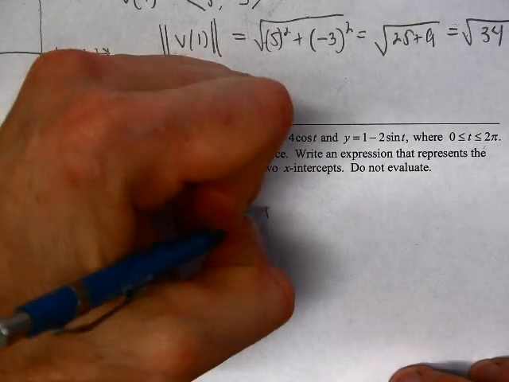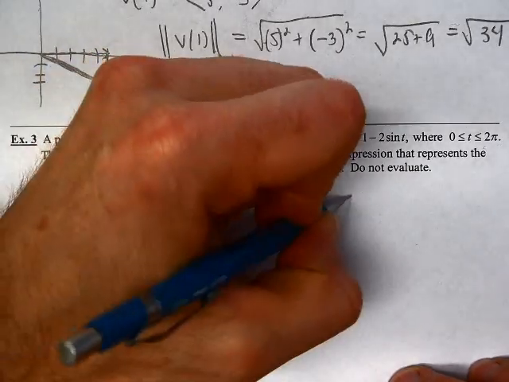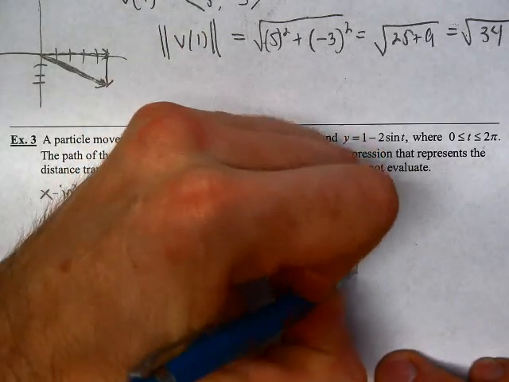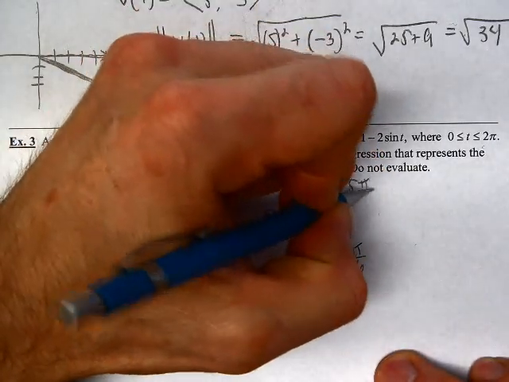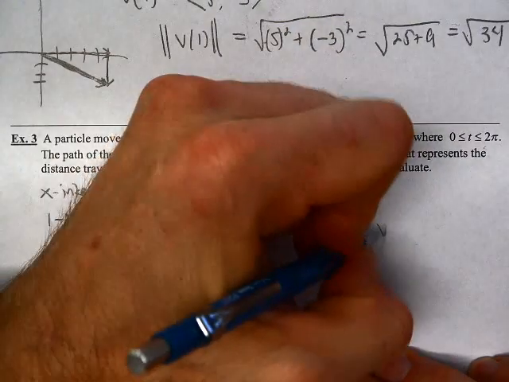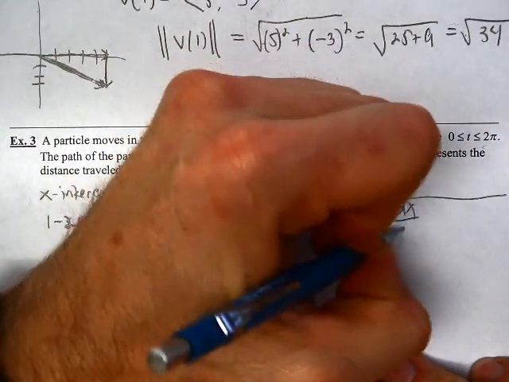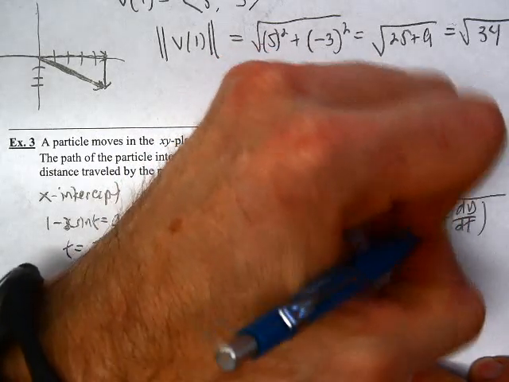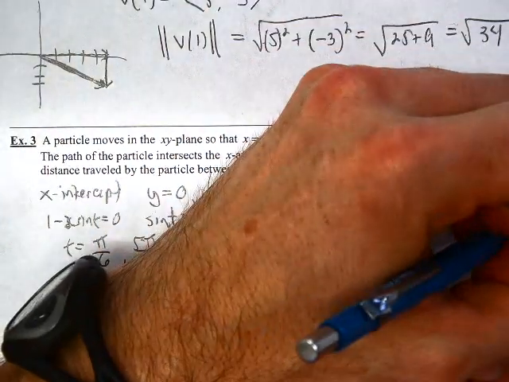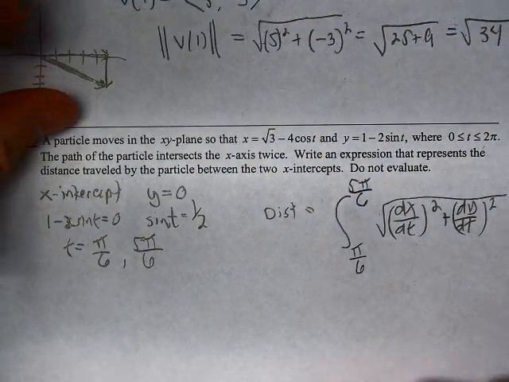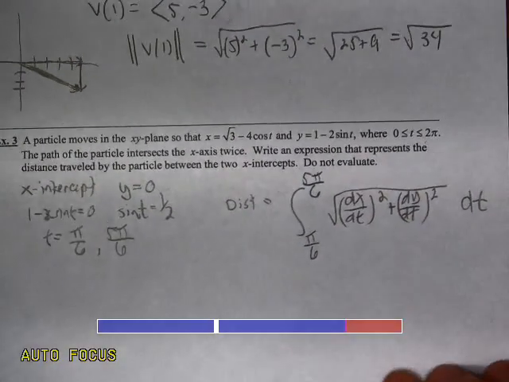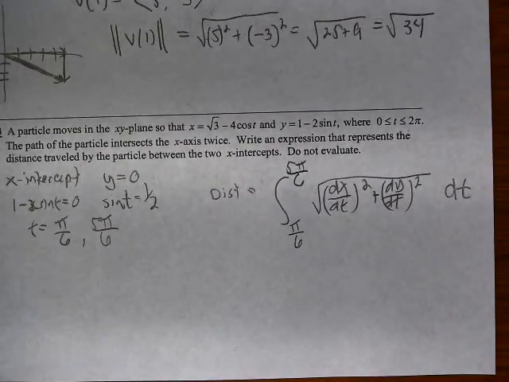So we know that our distance traveled is going to be the integral from pi over 6 to 5 pi over 6 of the square root of dx dt squared plus dy dt squared. So we need dx dt and dy dt.